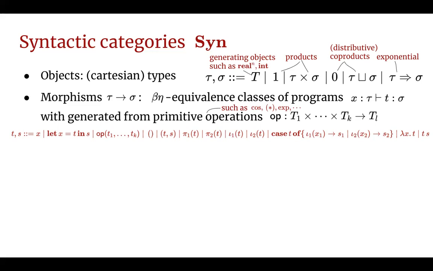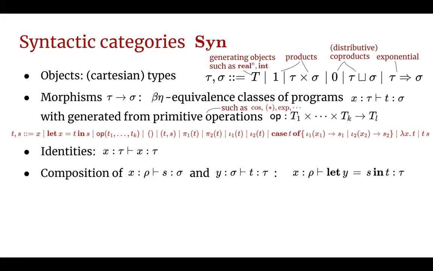And then we build composite programs in all the usual ways, right? So we have variables, we have let bindings, we can apply operations to arguments, we have lambdas, all the usual functional programs. The identities are just what you'd expect. They're just variable references. Composition is done with let bindings.